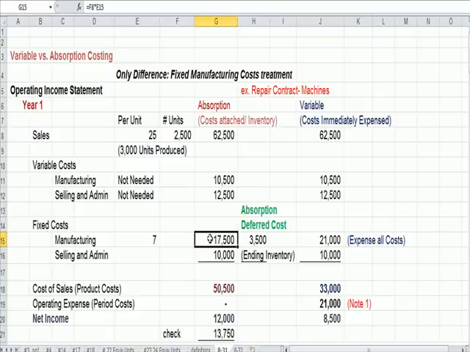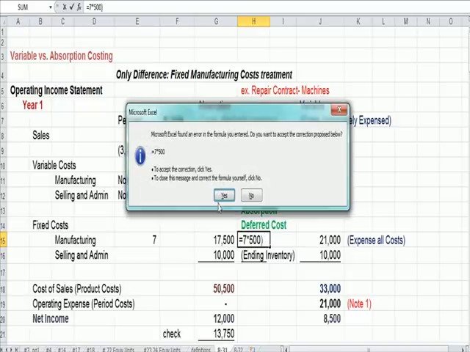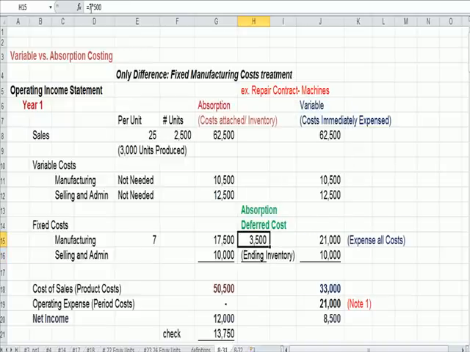With absorption costing, $17,500 is incurred right now, which is the $7 per unit cost multiplied by 2,500 units. $3,500 is deferred, the total cost of $21,000 less the $17,500 that we recognize right now. $3,500 goes into ending inventory, which is the same thing as $7 a unit times 500 units.